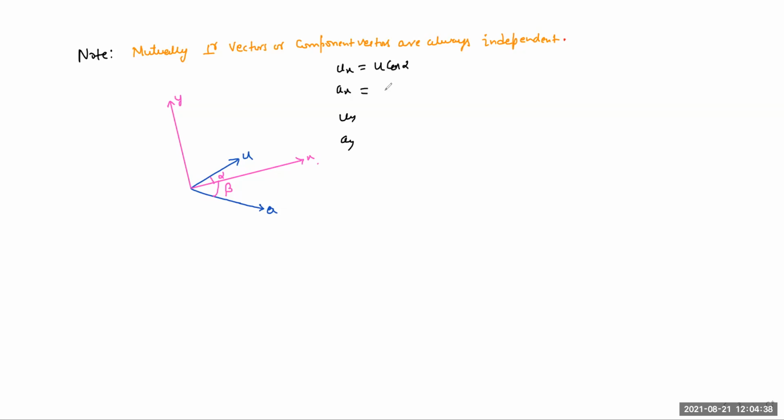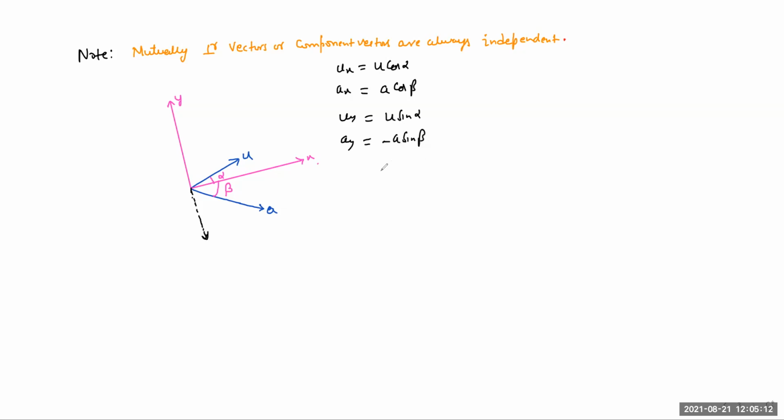What is uy? u sin alpha. And what is ay? a sin beta. So if you resolve a in the y direction, it will be plus y or minus y, minus a sin beta.